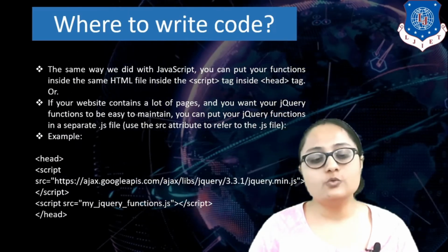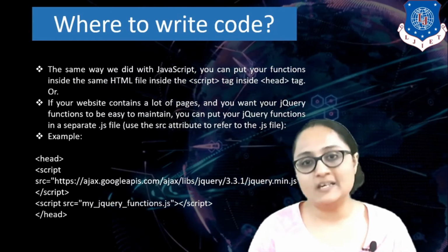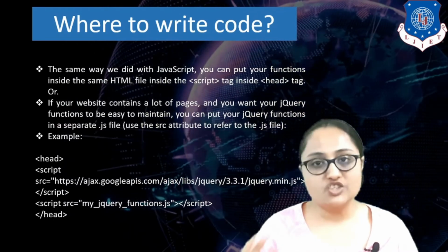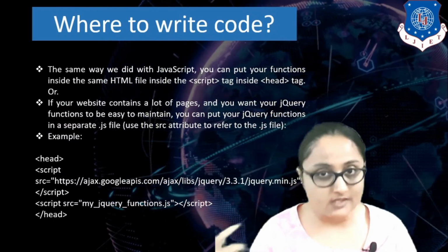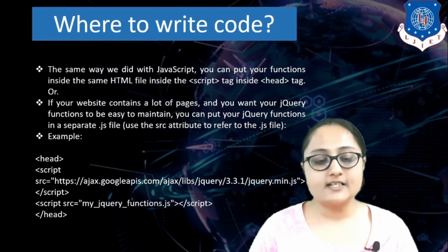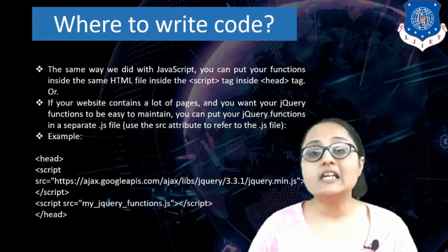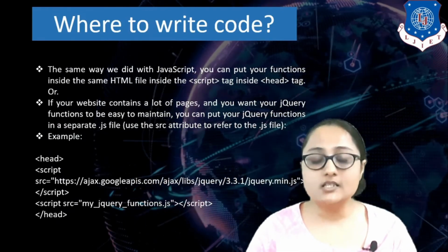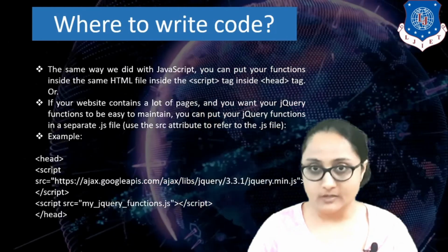Also, if you have a lot of pages in which you want the same jQuery function, you can make a separate .js file for that jQuery, and include this .js file as I have included it in the script. You can see script src is equal to my_jQuery_functions.js, the file in which I have written all the jQuery functions, and I have included that file inside my HTML page.